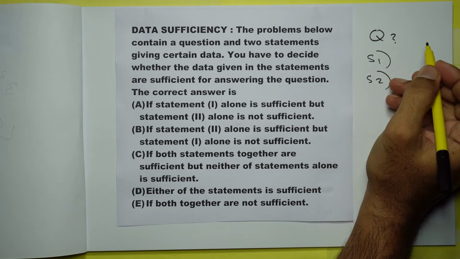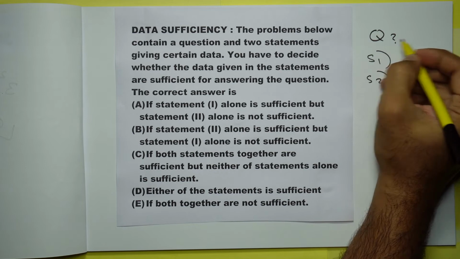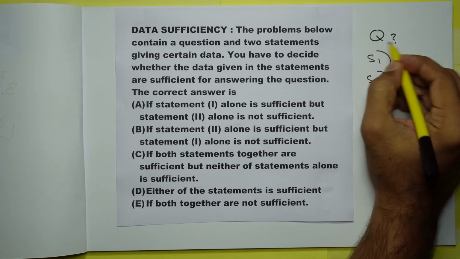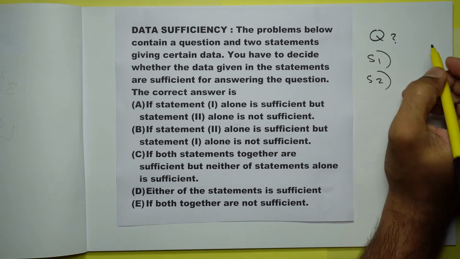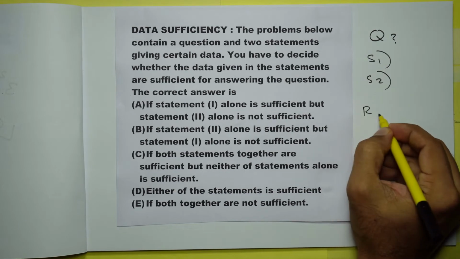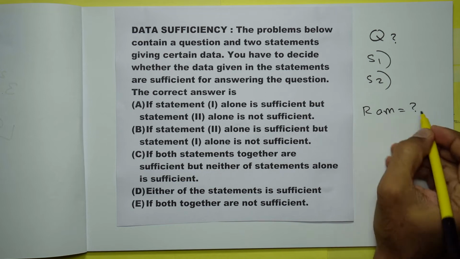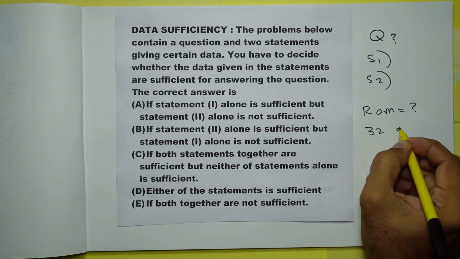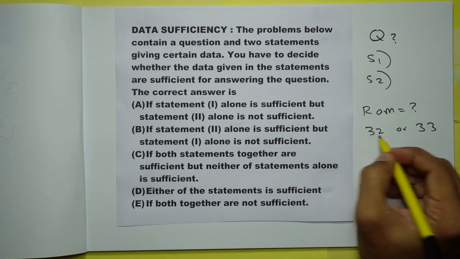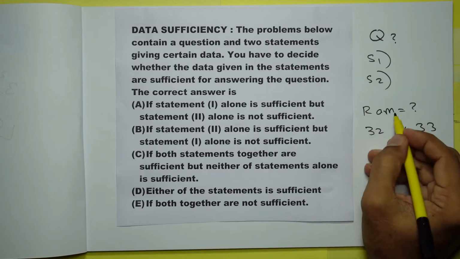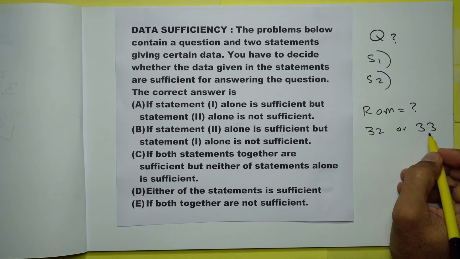So we'll take some examples. As I said, the answer to this question has to be very clear-cut and exact. For example, the question is, what is Ram's age? Now this is the question. If you get Ram's age to be either 32 or 33, it will not do. You cannot say maybe Ram is 32, maybe Ram is 33.